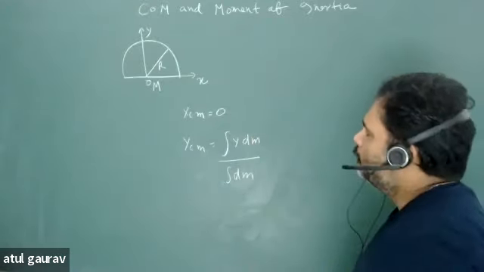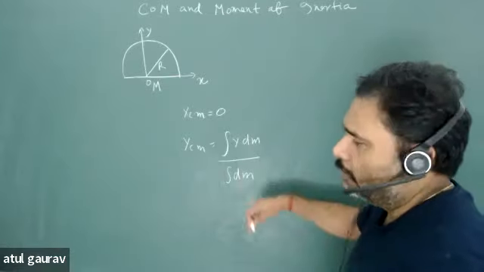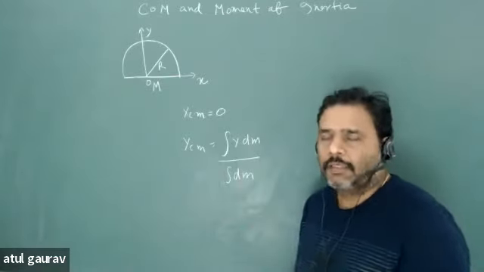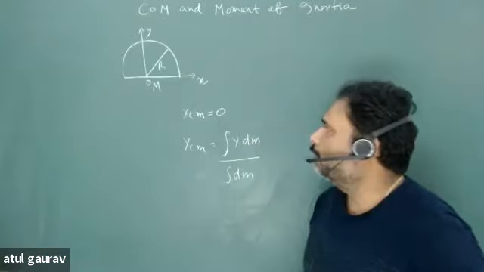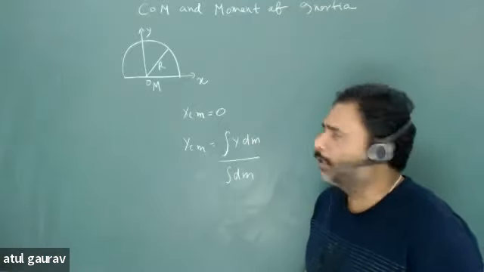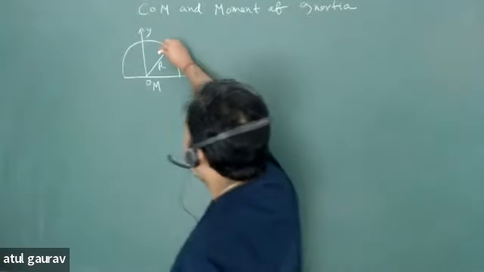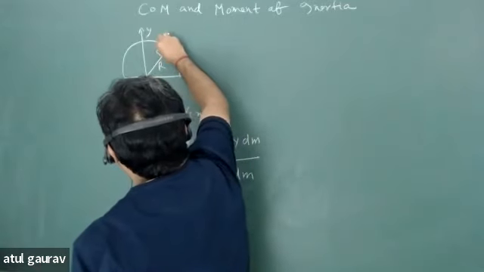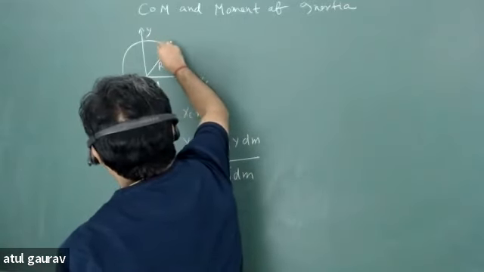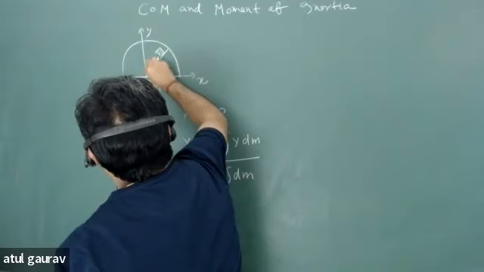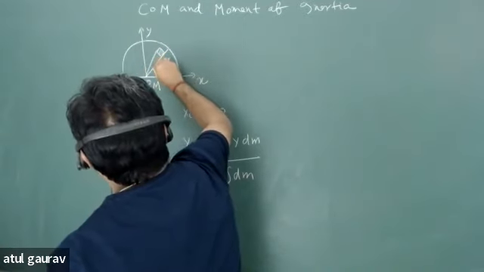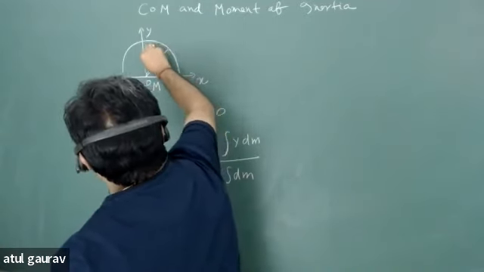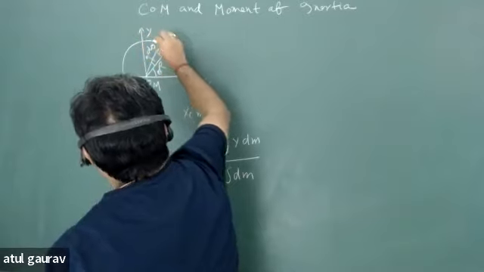And if you are going to calculate this particular YCM, which coordinate system is the best coordinate system to solve this problem? Obviously, circular polar. So we can take some elemental mass, something like this, at the angle theta, with thickness d theta.